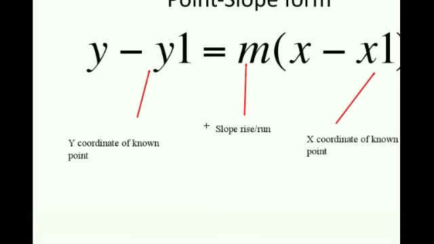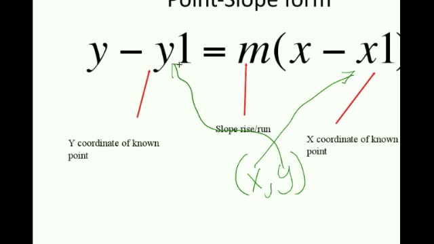This is an example of the point-slope form equation. y minus y1 equals m parentheses x minus x1. y1 and x1 are your coordinate point, x comma y, and you would substitute any values for the point.